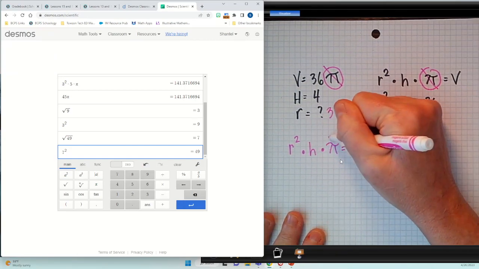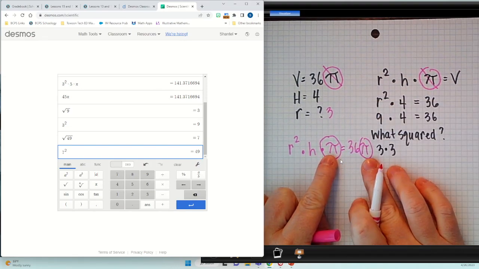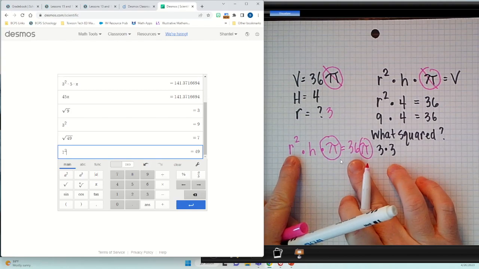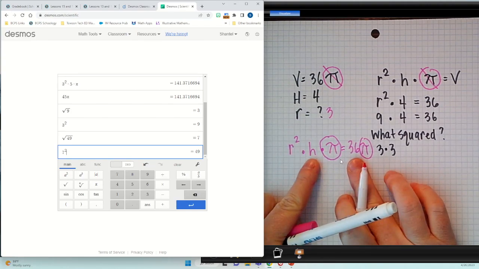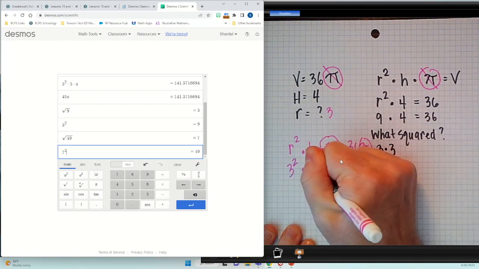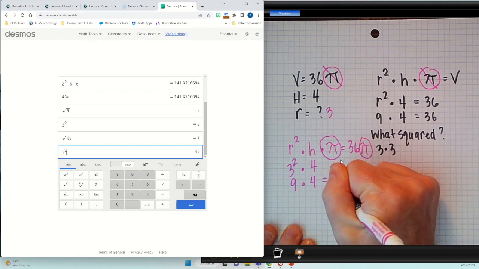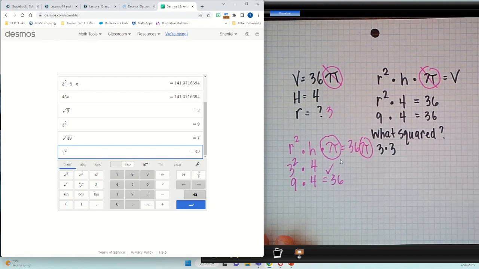Now again, I don't need to worry about the pi part. That part is sort of the constant, so I don't have to worry. But I do want to check to make sure that r squared times height is 36. So 3 squared times 4, 9 times 4. Check. It works. Okay? So I know I did my calculations correct.